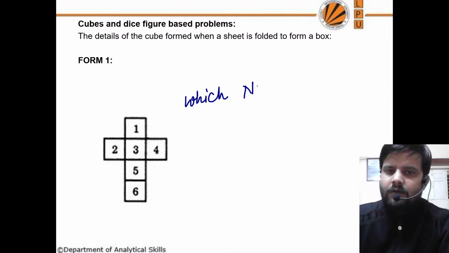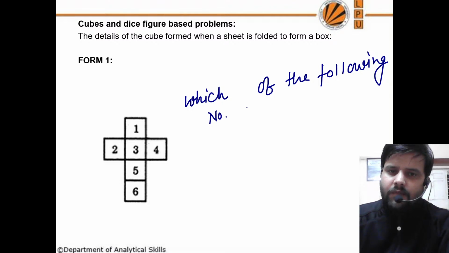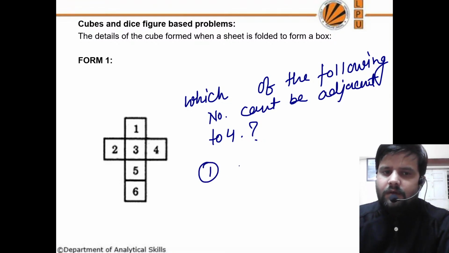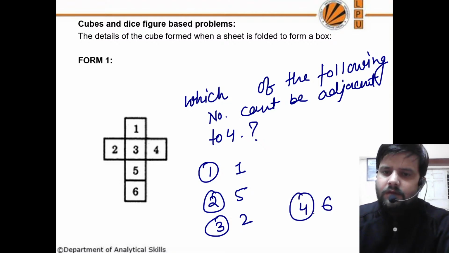Which of the following numbers can't be adjacent to 4? First option is 1, second is 5, third is 2, fourth is 6. Answer it fast.